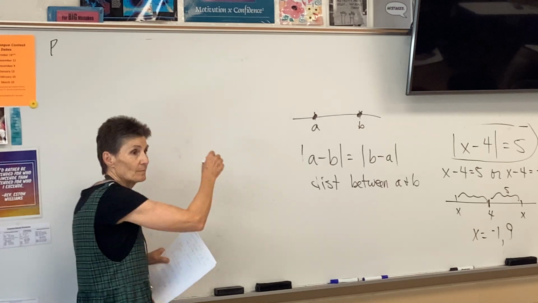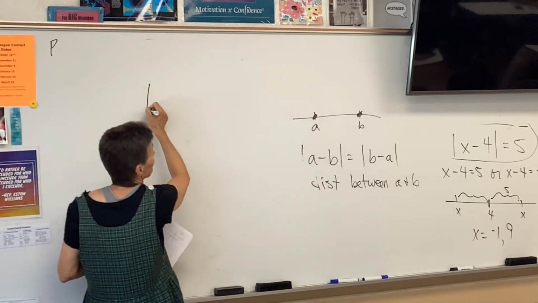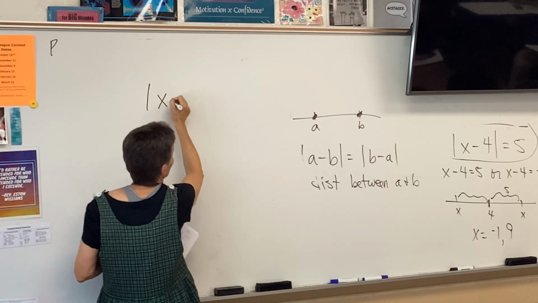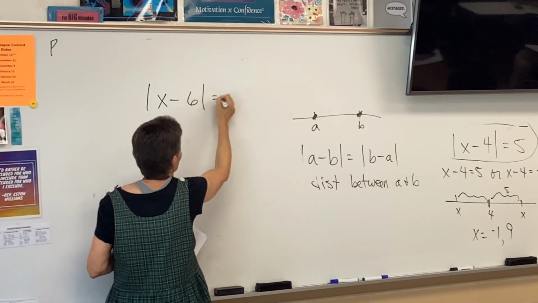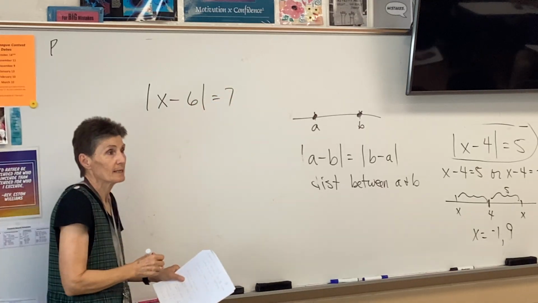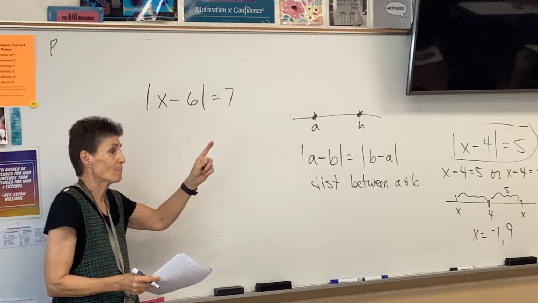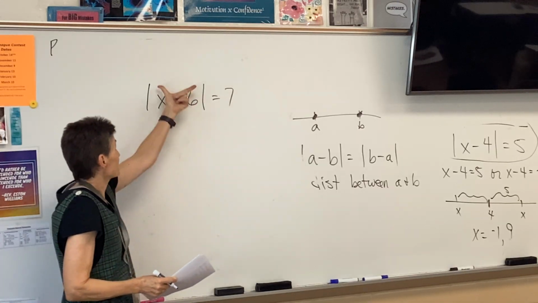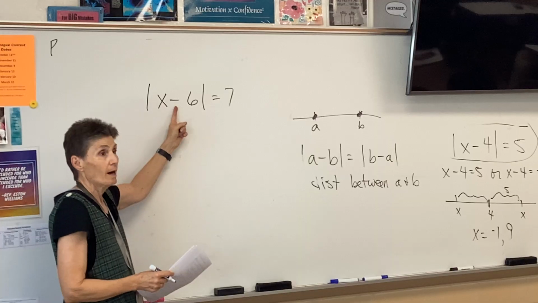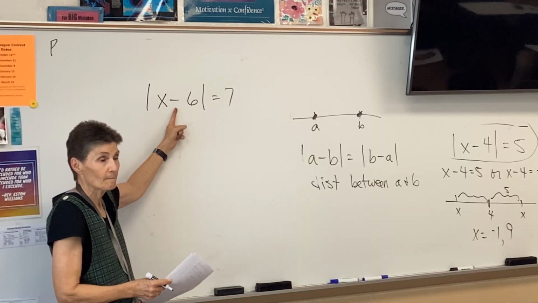What do you think? Absolute value. So |x minus 6| equals 7. Yeah, that's it. This says the distance between x and 6. Remember, distance is the absolute value of a difference, subtraction.